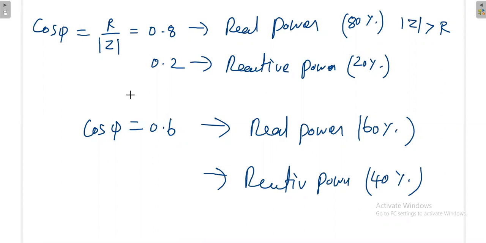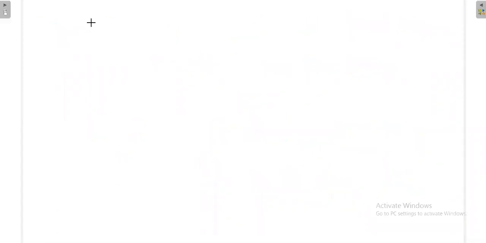So I will extend this formula. Here, instead of resistance, you can write voltage by voltage, or you can also write power divided by power. Now we will see that. Z is equal to R plus jXL.